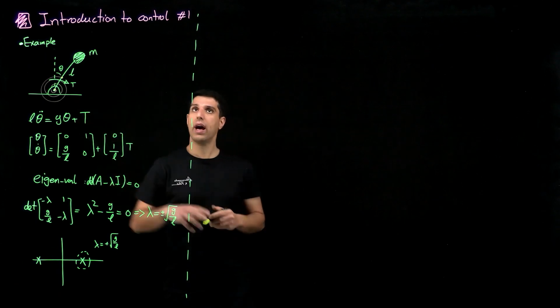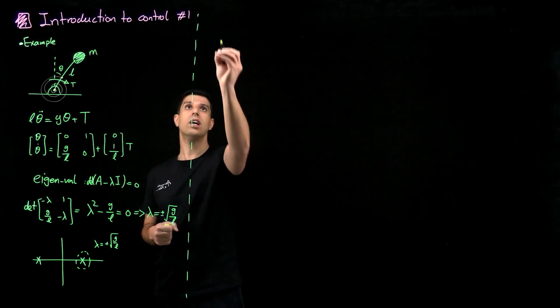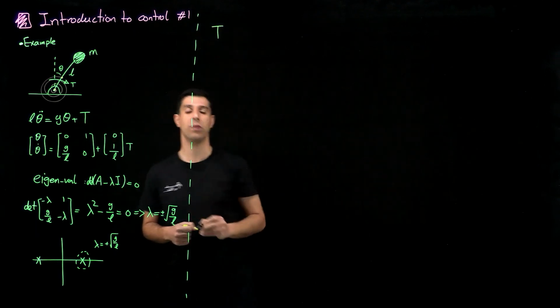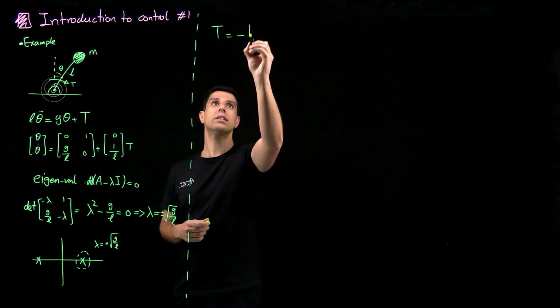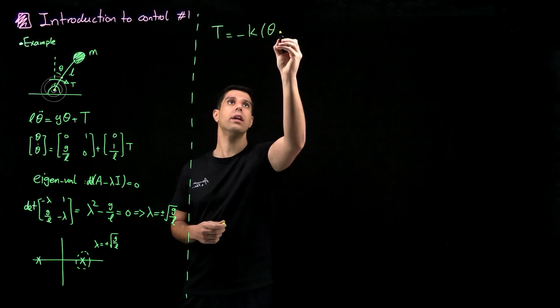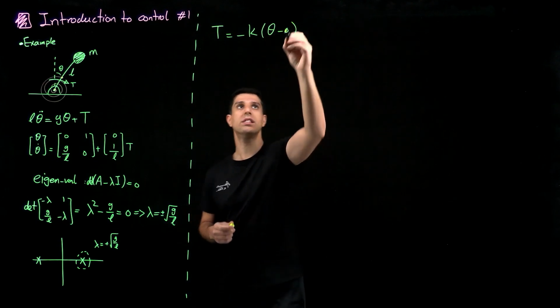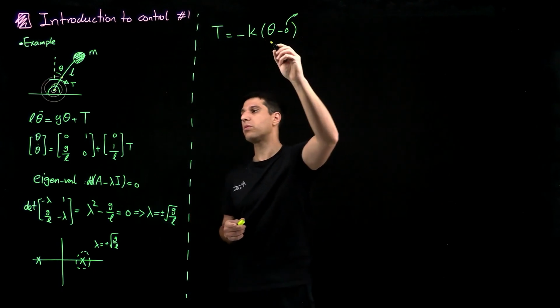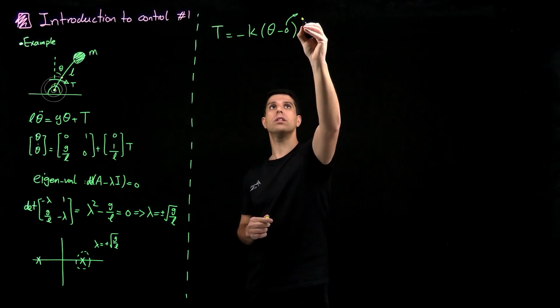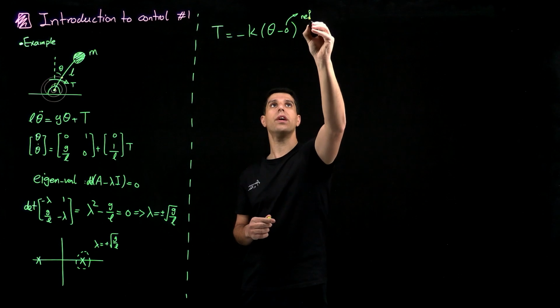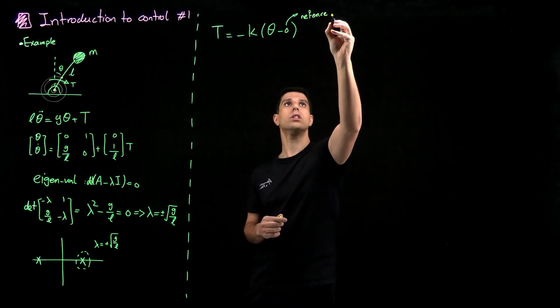And to do that, I can design my controller to have my torque be minus k times theta minus 0, and this 0 is where the resting length of the spring is. So this is my kind of reference position.